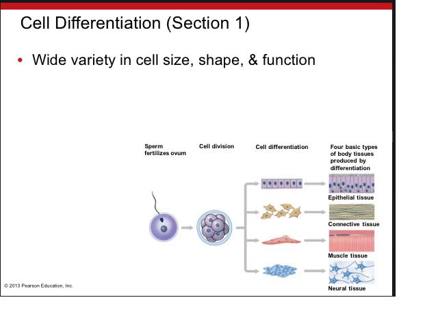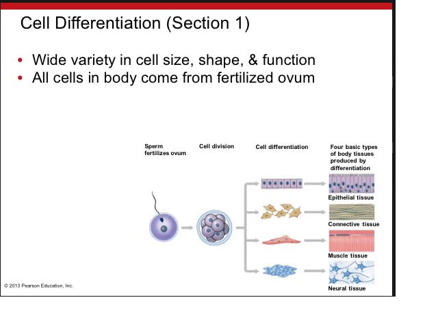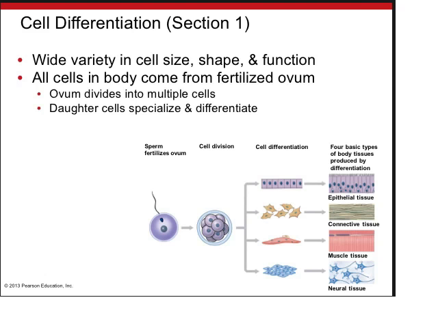Cells have a wide variety in size, shape, and function. All cells in the body come from, initially, a fertilized ovum or egg. The ovum, when it's fertilized, divides into multiple cells. The daughter cells will specialize and differentiate, meaning what? Well, they'll start to look and act differently from each other as we begin to form a new human being.